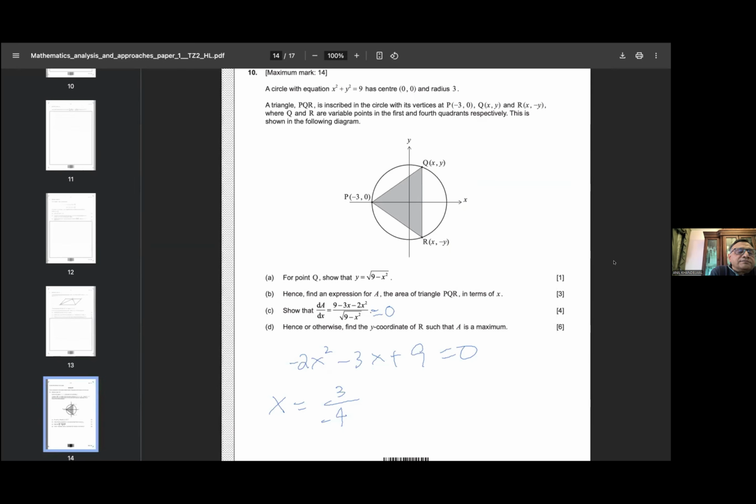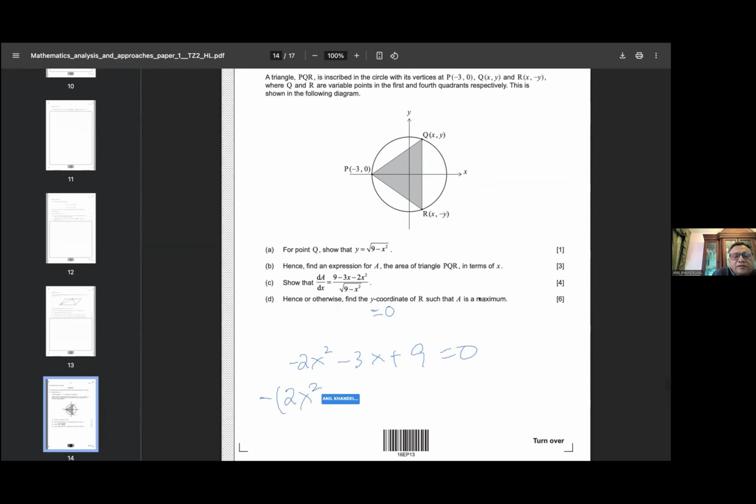We can factor this. 9 times 2 is 18, and 6 times 3 is 18, so taking minus outside, we get minus 2x squared plus 6x minus 3x minus 9.